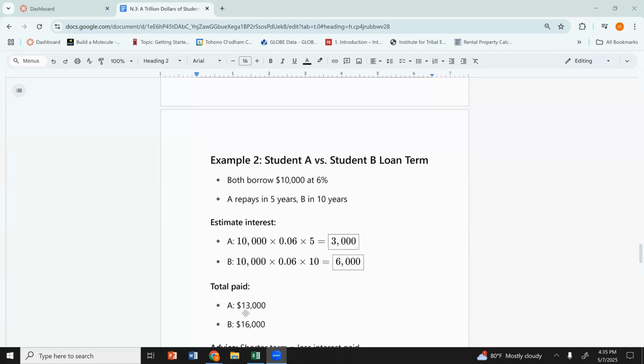So student A will pay a total of 13,000, which is the 10,000 borrowed plus the 3,000 interest in 5 years. For student B, they will still pay the 10,000 and they will pay the 6,000 in total interest. So that's 16,000.